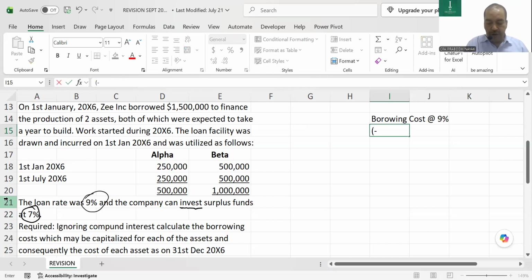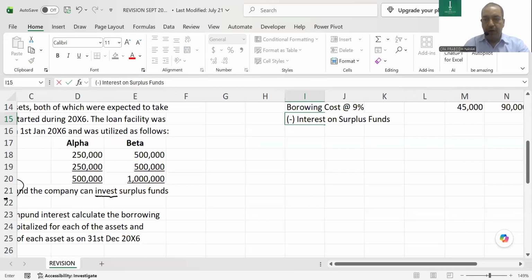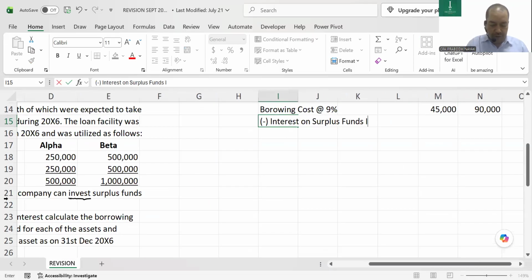So I said minus interest on surplus funds invested. Surplus funds invested for 6 months at 7% interest.